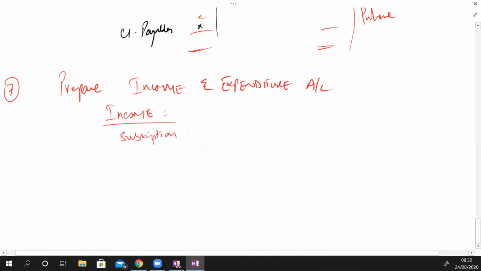Subscription के अलावा it could be profit from refreshment, other incomes like donations, entry fee of an event, and there could be more.